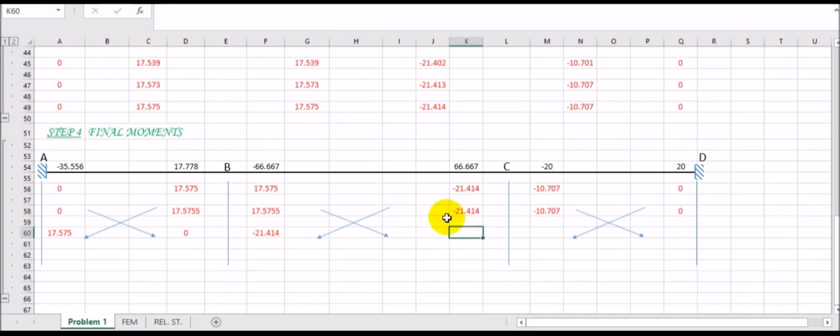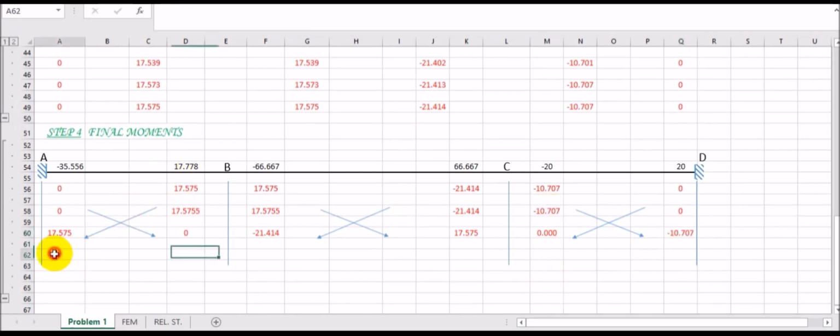You just have to bring this value to the next immediate member, that is from C we have to bring it to B, from here A to B, B to A, B to C, C to B again, is equal to 17.575. This is equal to 0 and this is equal to minus 10.707.